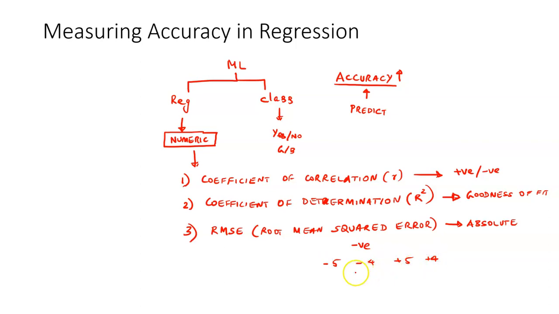If I add all of this, it will become 0, right? So the accuracy is not 0 in absolute terms. There is a difference. So what I do, I square this, 25, 16. So I square, sum everything, and then take a square root. That is the root mean squared error.